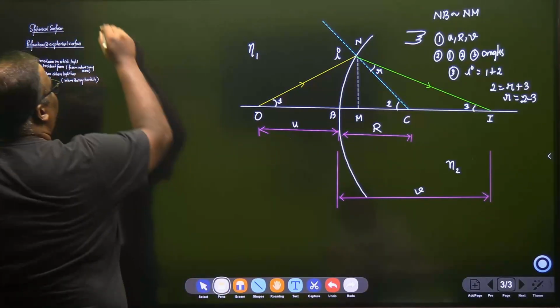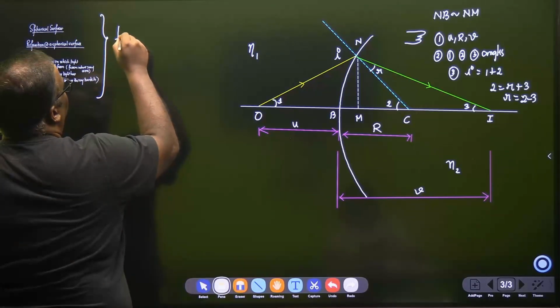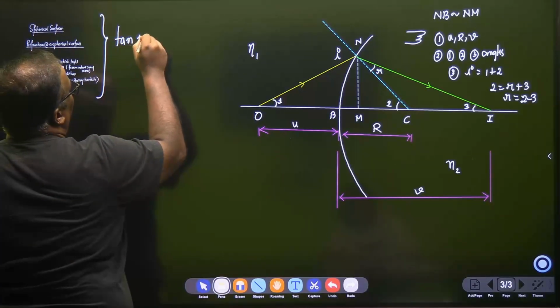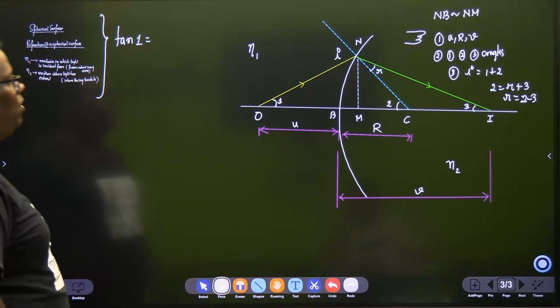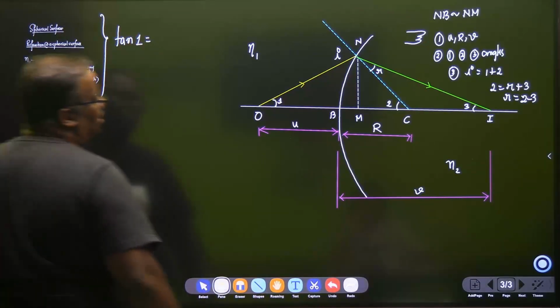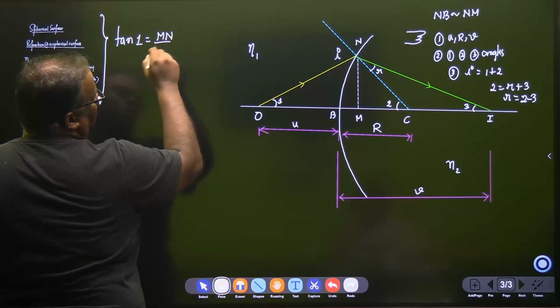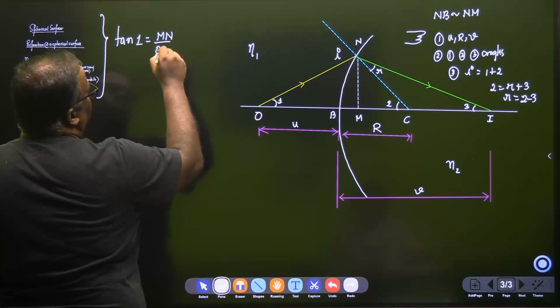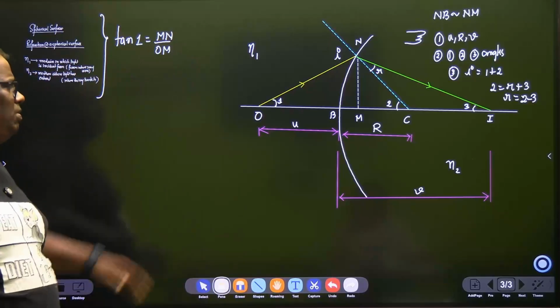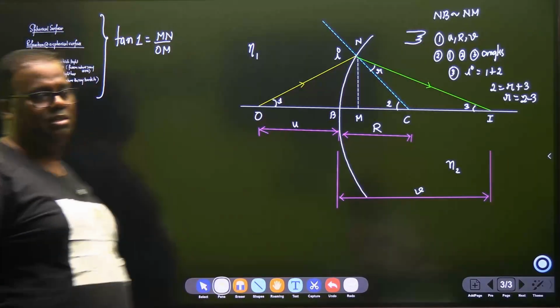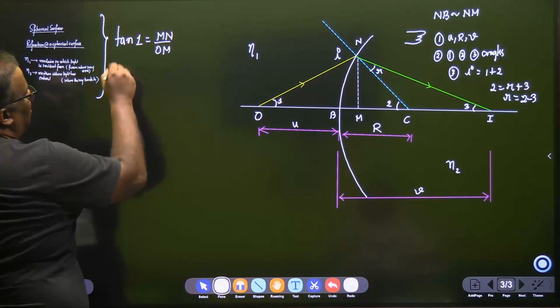Chalo bacha, let's start. Tan of 1. Can you tell me what tan 1 is equal to? Tan 1 is MN by OM. Do you agree? Fine. What is tan 2?